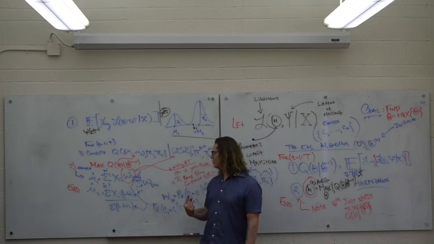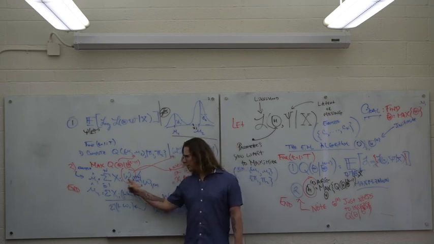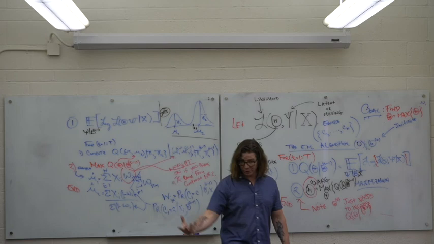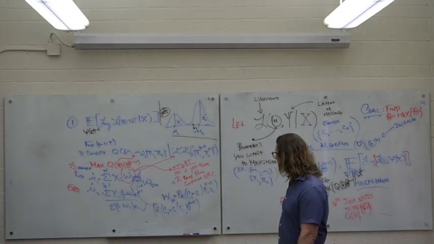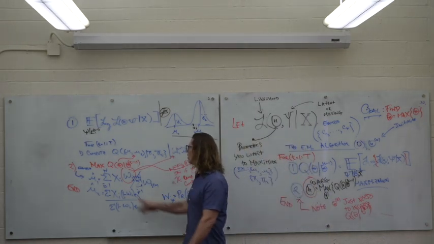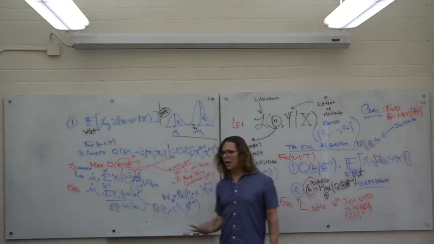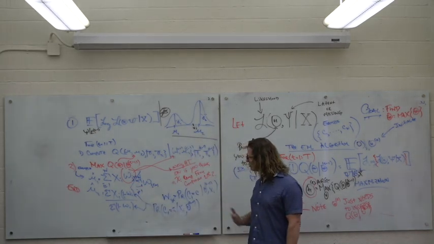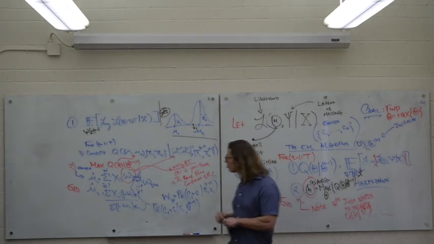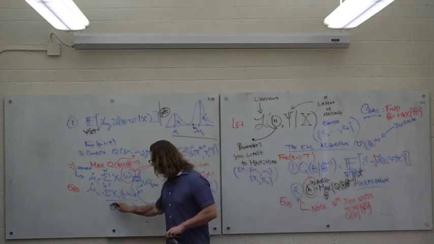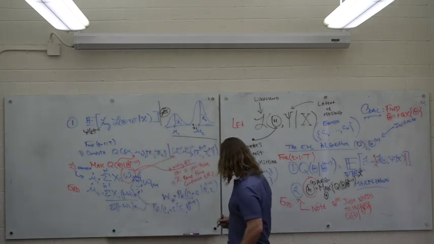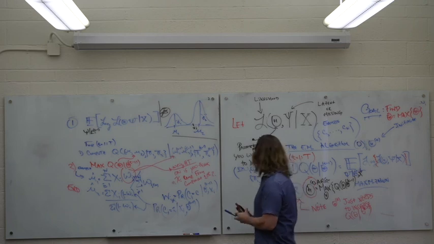If we knew with certainty that the x's came from particular component numbers, then these w's would be either 1s or 0s, and they're not in this case. So this just ends up becoming a weighted average of everything. So that's what the math ends up doing. The pi's are pretty easy to get as well.